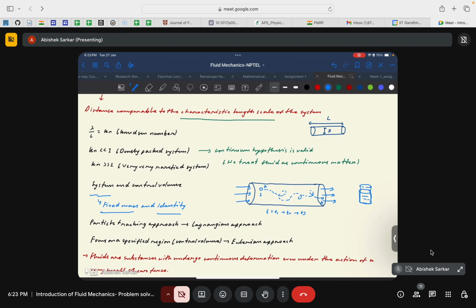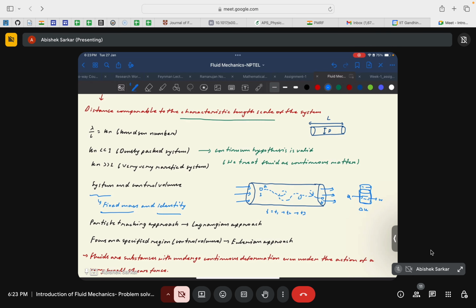Would it come under the control system approach or the control volume approach? You are just considering this fixed mass of fluid and doing a thermodynamic analysis, like there's a certain heat flux, a certain work done, and you are trying to find the net change in, say, internal energy. I think I'm going a bit beyond the course, but I'm just trying to understand if you're getting the concept correctly.